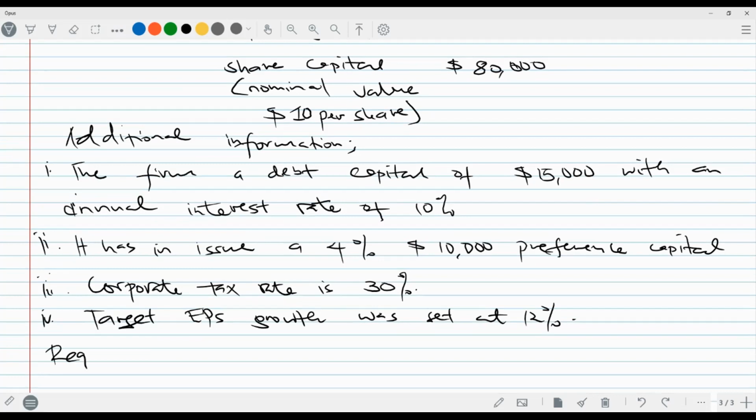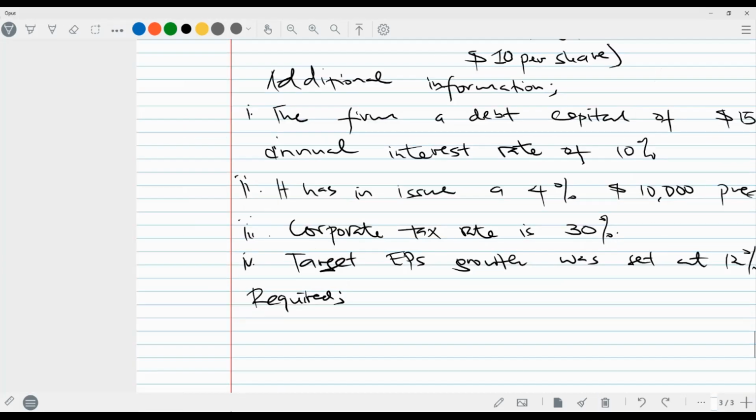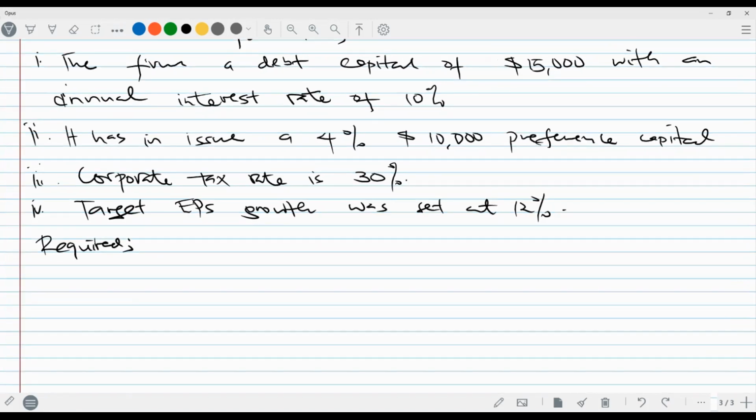Required, if the actual earning per share is $0.21 of a dollar, was the earning per share growth target achieved?